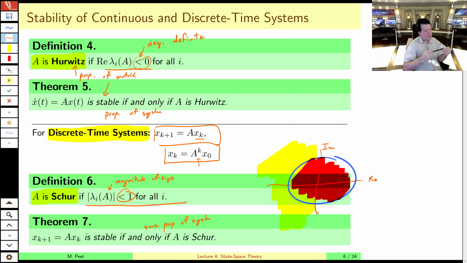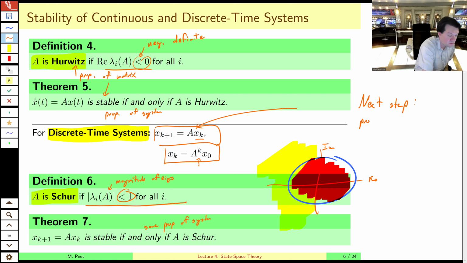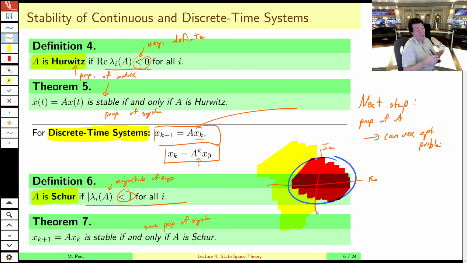And now the next step is to relate this property of A to a convex optimization problem. Now you may say, I don't need a convex optimization problem. I could just type eigs into MATLAB, and that would give me the answer.